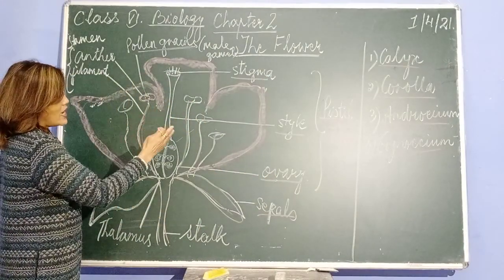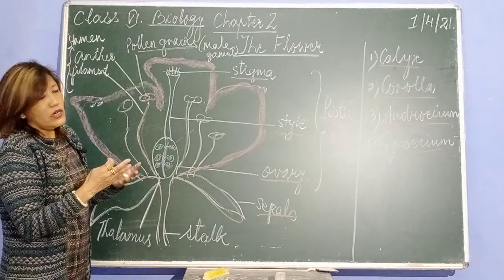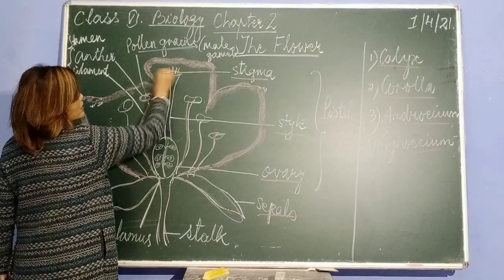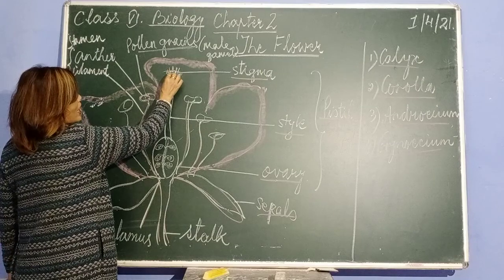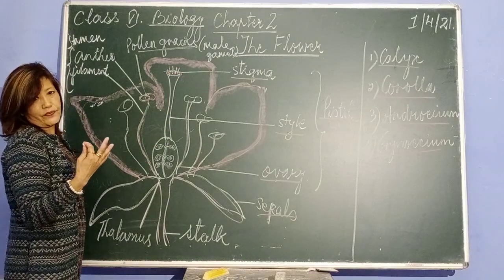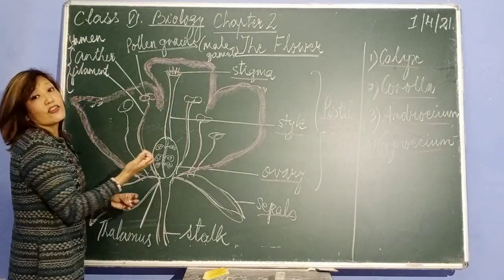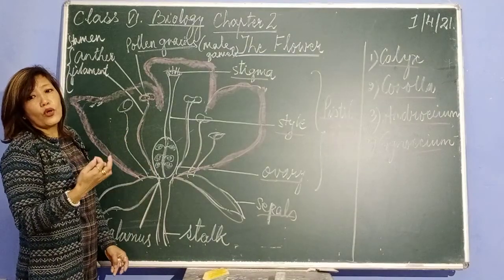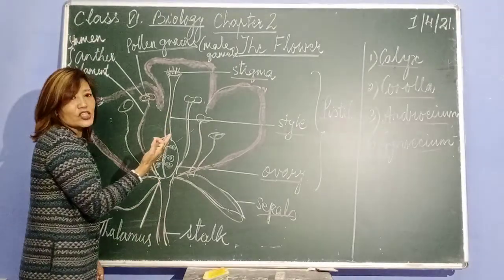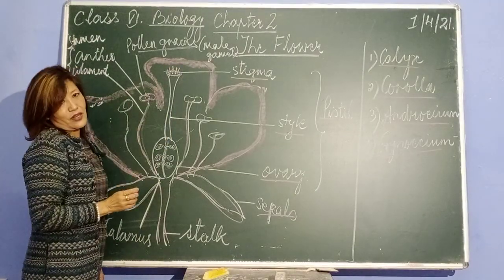So what is stigma? The topmost part is called the stigma, and it is sticky in nature. The function of the stigma is to receive the pollen grains from the anther. They are sticky in nature, so the pollen grains can easily stick to the stigma.